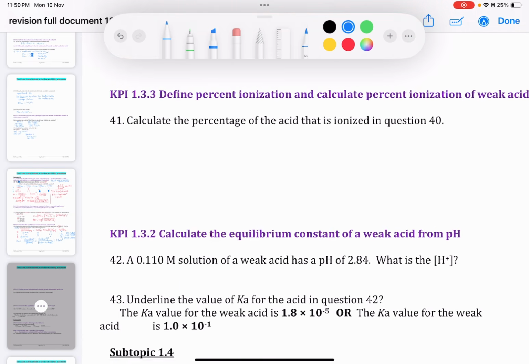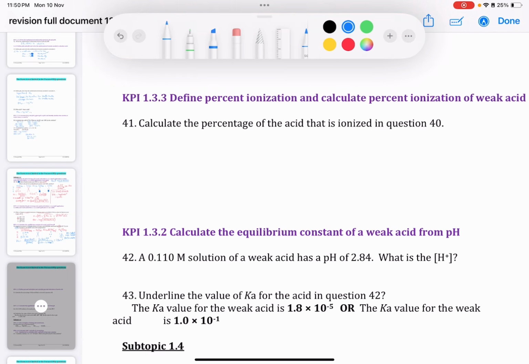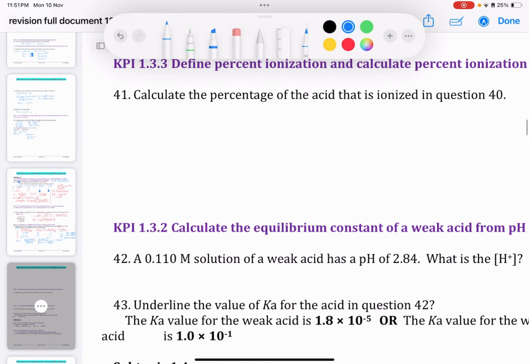Calculate the percentage of the acid that is ionized in question 40, the previous question. Now, the percent of ionization, that's a formula, most probably not given. You need to memorize it. It is equal to x, the H plus at equilibrium, over the initial concentration of the acid given to you, multiplied by 100 because it's a percentage.